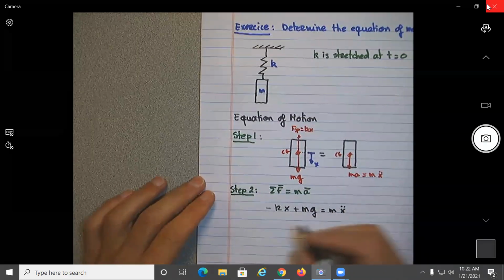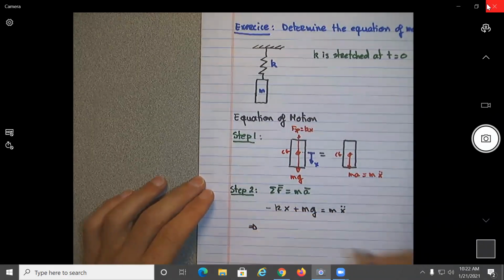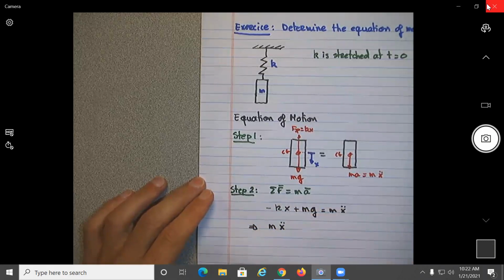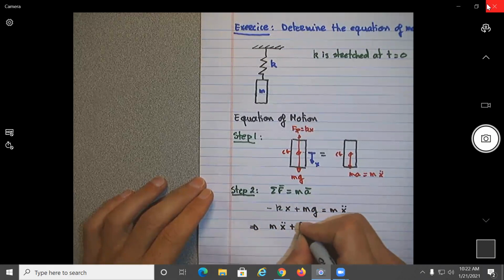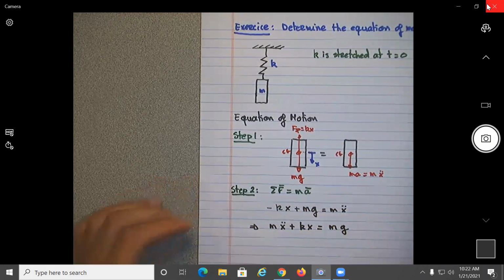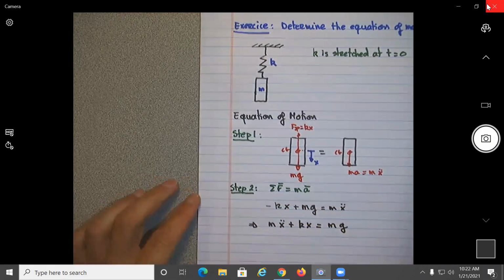So I can rewrite this equation as m x double dot plus kx equal to mg.